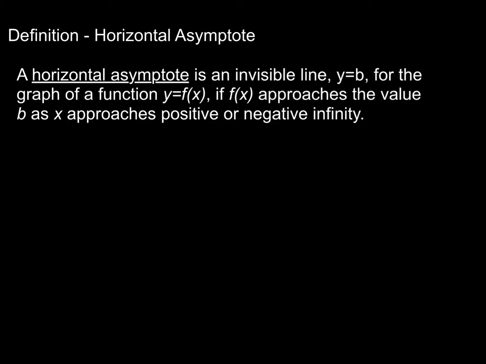And this way of speaking should be familiar because it's the same way we described the vertical asymptote. So we might say f of x approaches this value b as x approaches negative infinity, or as x approaches positive infinity, right?